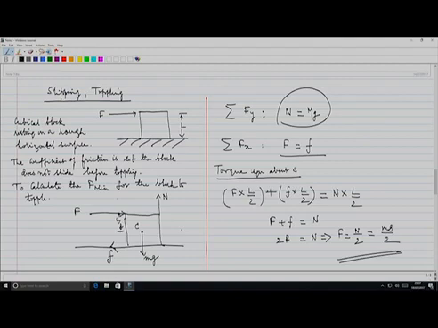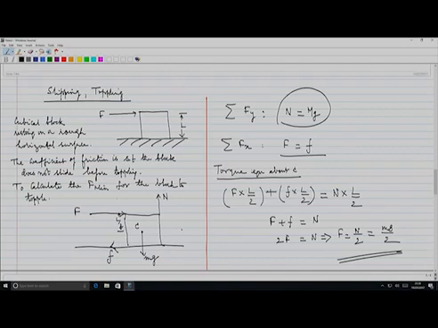What is interesting about this problem is that you need not know the value of mu, because the question is what is the minimal force that is required to topple it. What are the things we have made use of? Essentially the force balance equation along the x direction and along the y direction, and there are three forces: capital F, the horizontal force, little f, the frictional force, and N, the normal reaction.